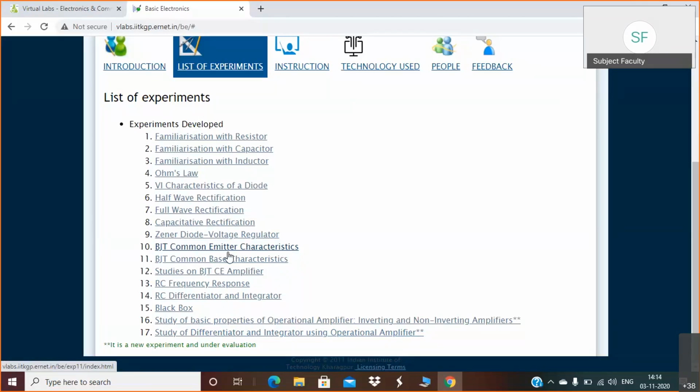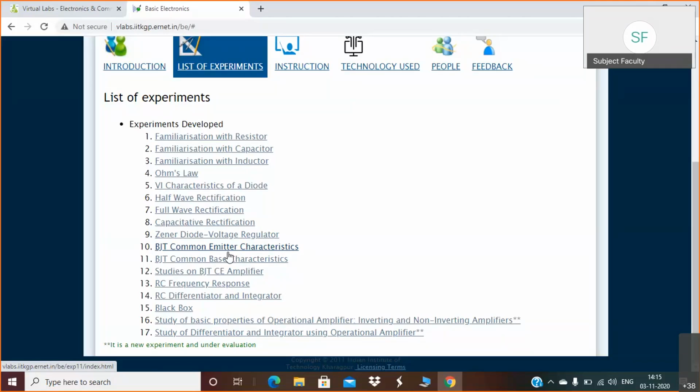We will perform only 2 labs under this particular virtual lab. The first one is BJT common emitter characteristics. It is lab number 10. Under basic electronics virtual labs prepared by IIT Kharagpur, the first experiment we will see is common emitter characteristics.